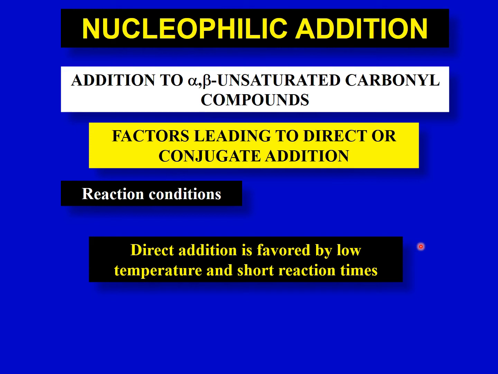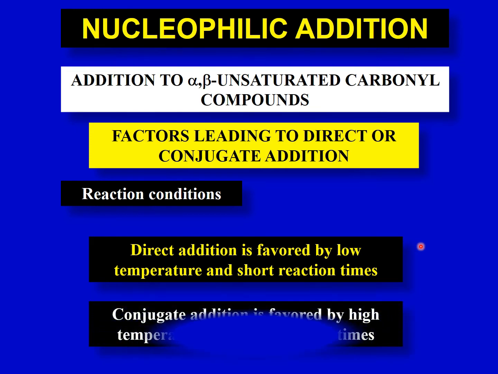We discussed the same reaction in addition to conjugated dienes, and we saw there that at low temperature the 1,2 addition product or direct addition product is favored. The direct addition product is also known as the kinetic product, and it is formed at a faster rate, quickly, in short reaction times.